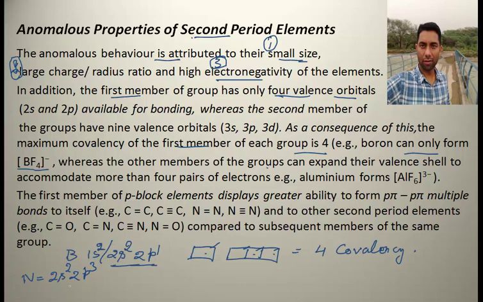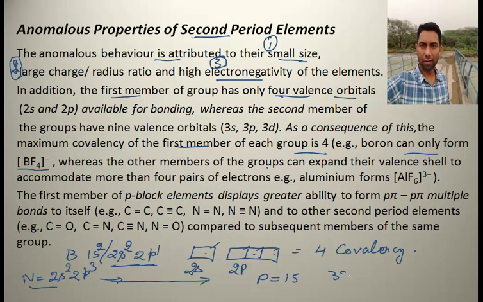Again 4 orbitals will be there, 2s and 2p. Now nitrogen is in the second period. If we go downwards, we will get phosphorus, which has atomic number 15.